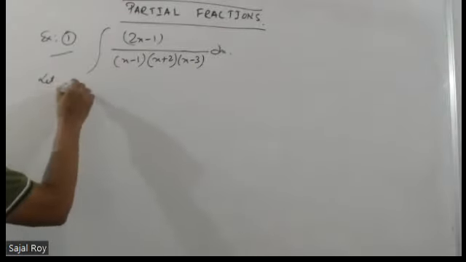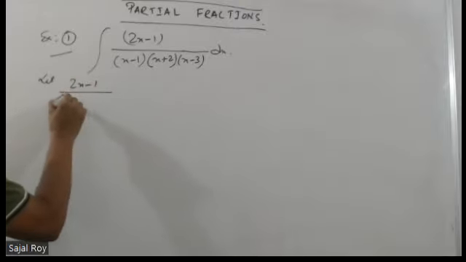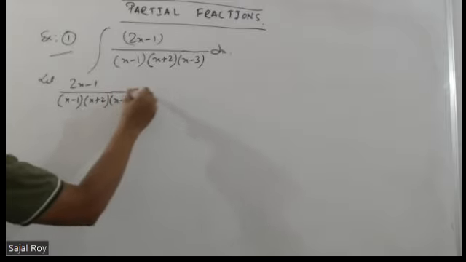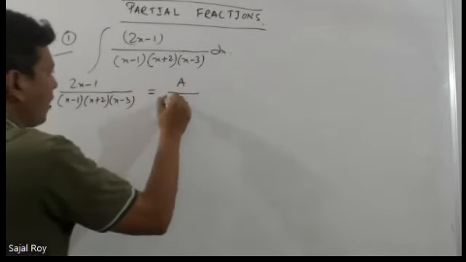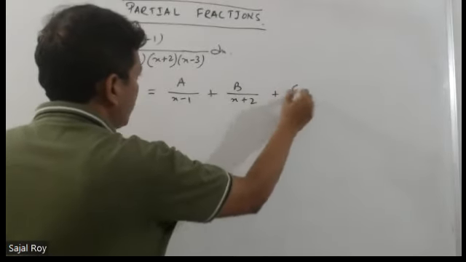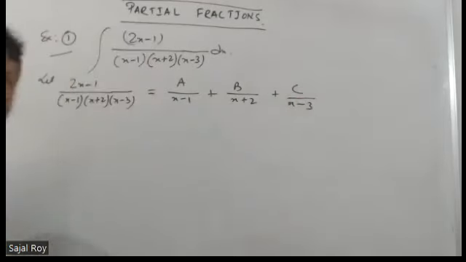So you have to assume A over (x minus 1) plus B over (x plus 2) plus C over (x minus 3). Am I clear? A, B, C have to be determined by equating the coefficients.